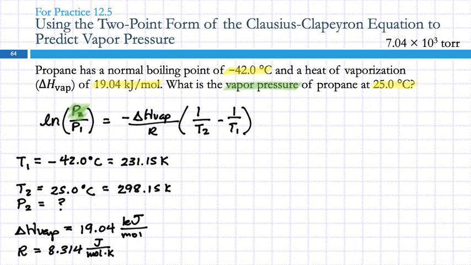It's normal pressure, 1 atmosphere, which would be how many torr? 760? So P1 must be 760 torr. And that's kind of the trick to this question, because they don't just come out and tell you that's the pressure.